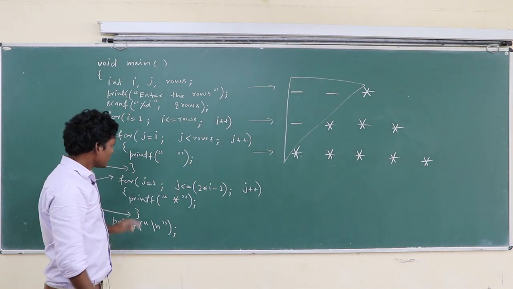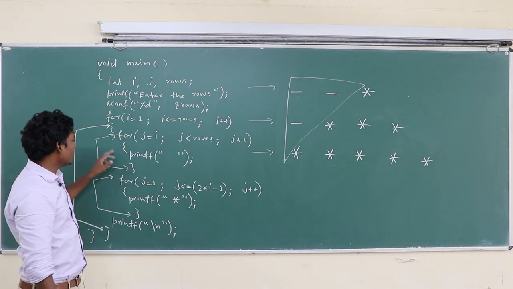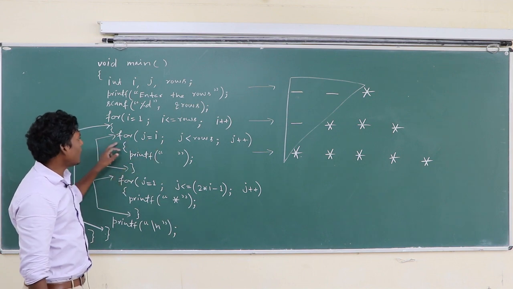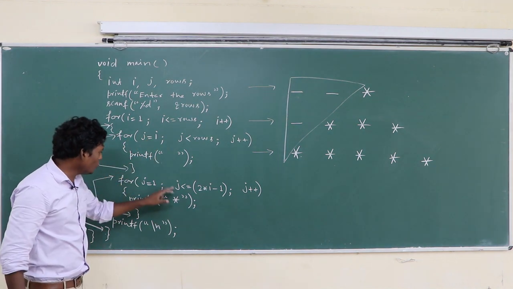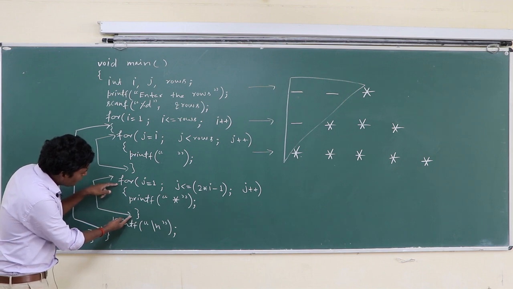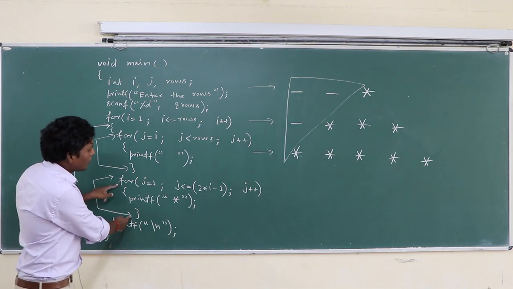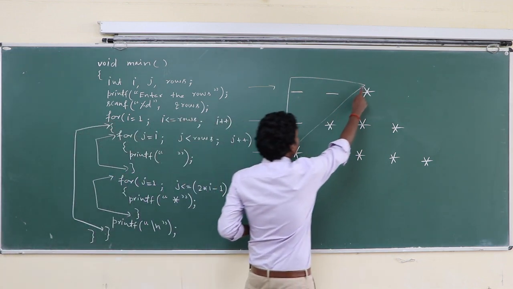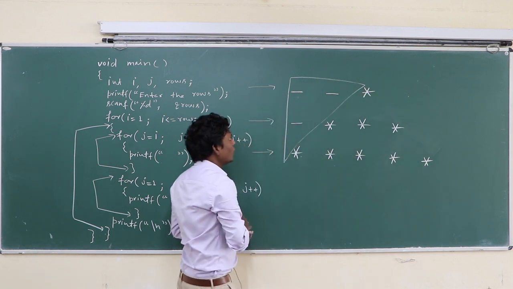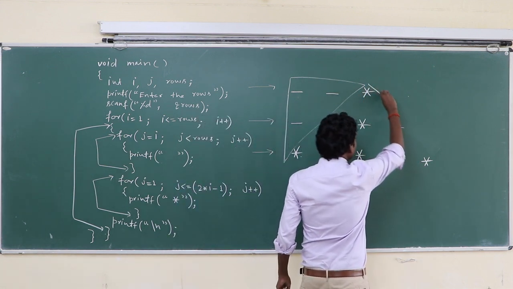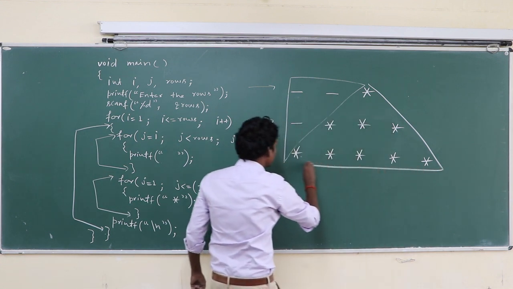Okay, class, so this loop is used to print the blank space triangle, and this loop is used to print these stars. Okay, class, so there is a pyramid of stars.